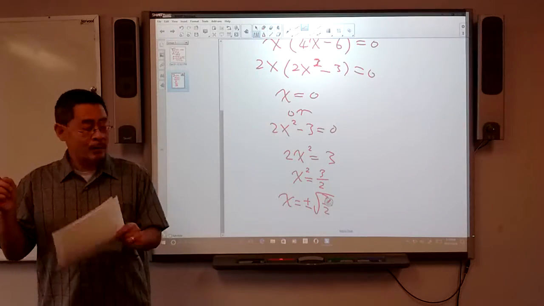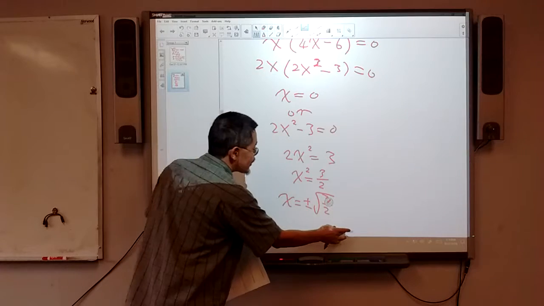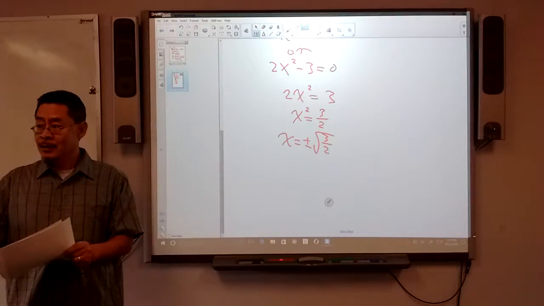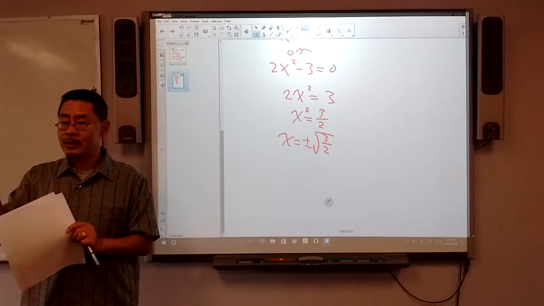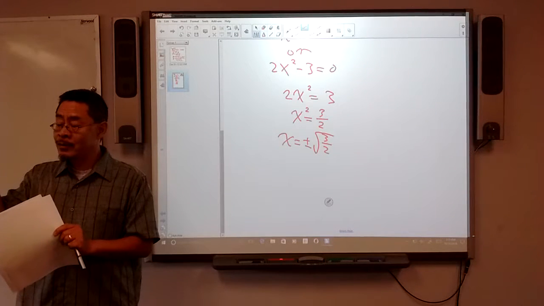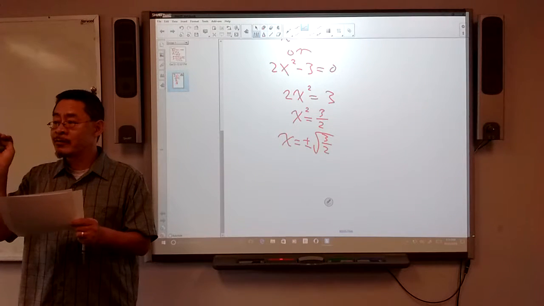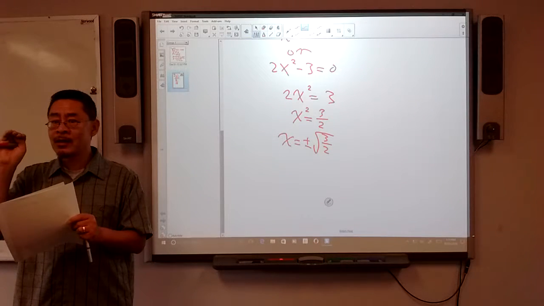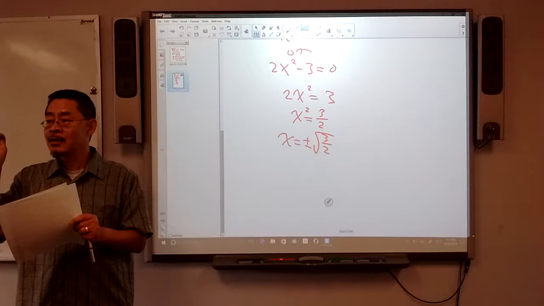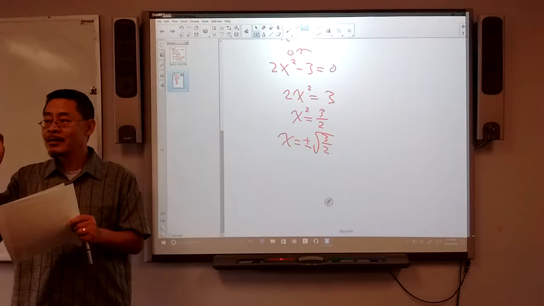So, in order to be complete, right now we have just found the x coordinates where we have a horizontal tangent. But what are they asking for? Are they asking for x coordinates, or something else?